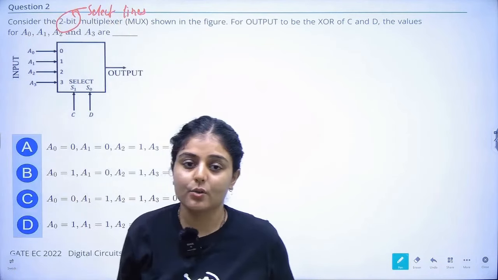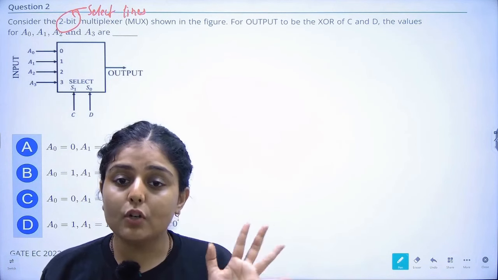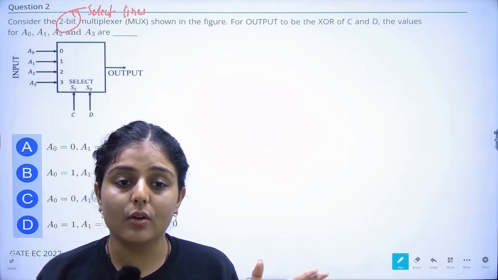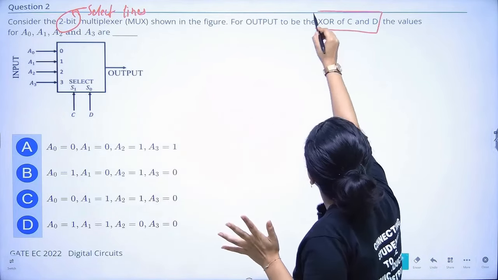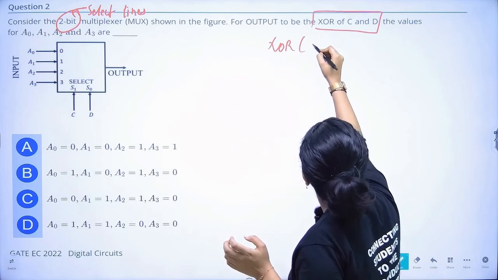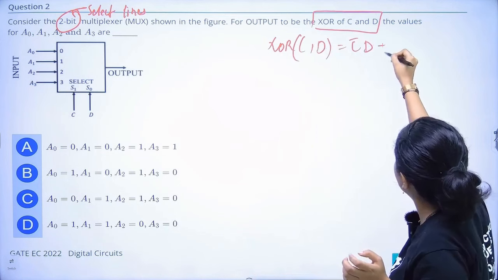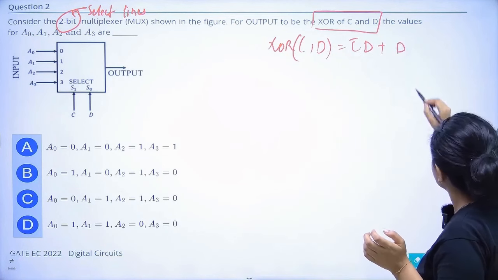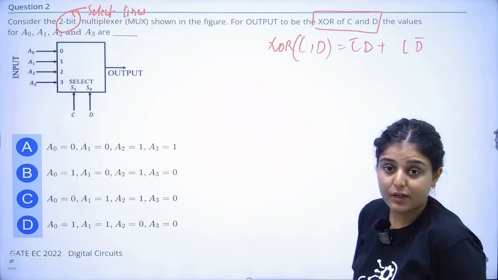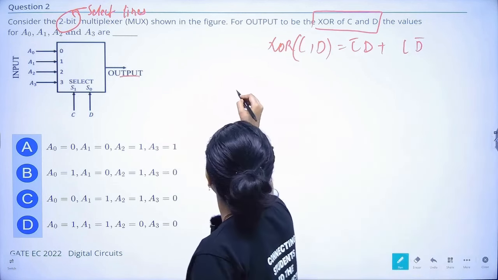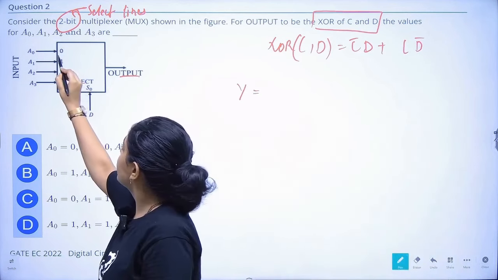The multiplexer shows the output to be XOR of C and D, and we have to find the values of A0 to A3. XOR of C and D equals C bar D plus C D bar. I just write this as the output Y.